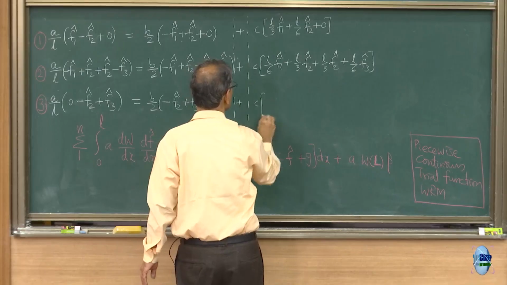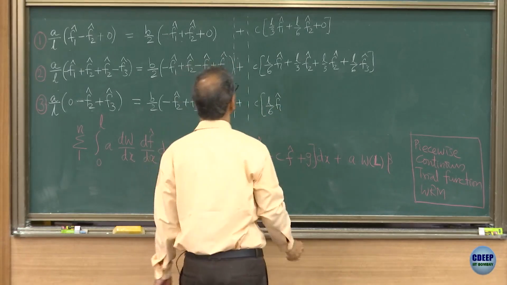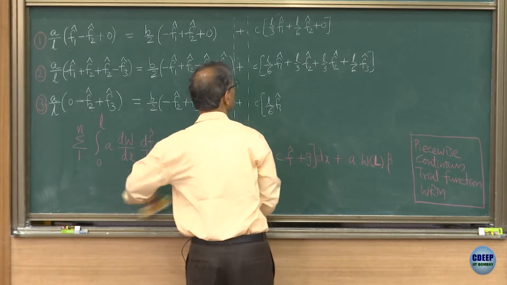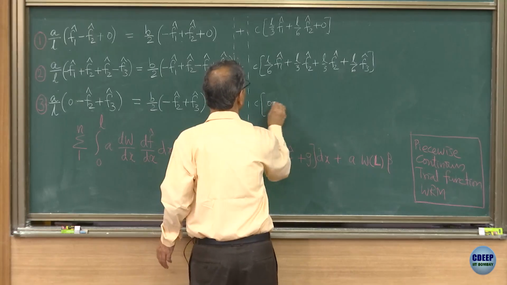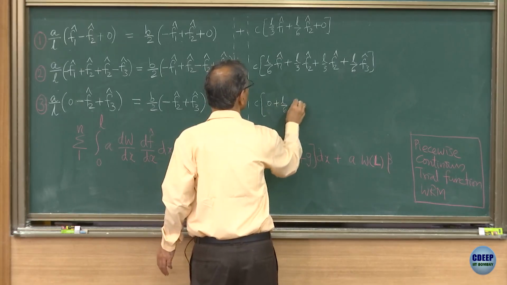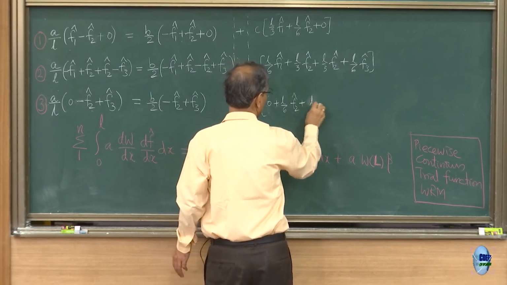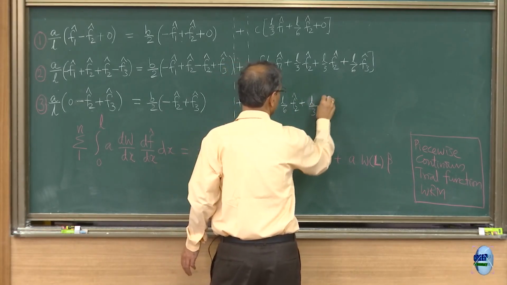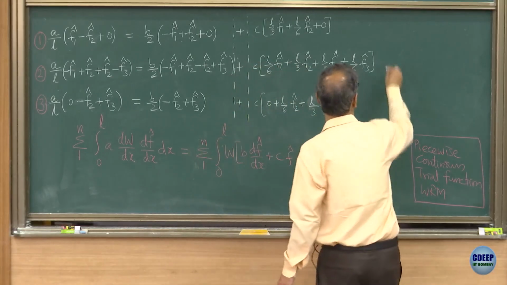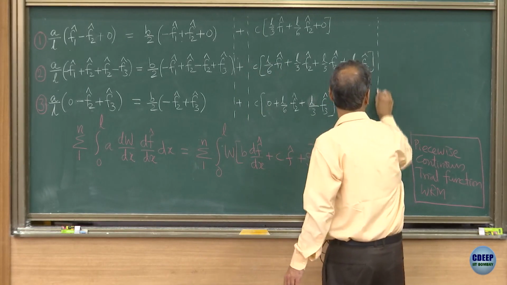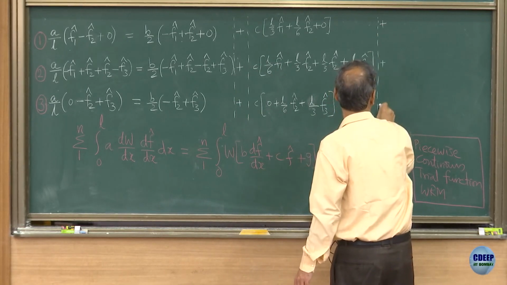This is C times, no, sorry, 0, because there is no F1 there. So that is 0 plus L by 6 F2 hat plus L by 3 F3 hat. Plus, plus, plus.